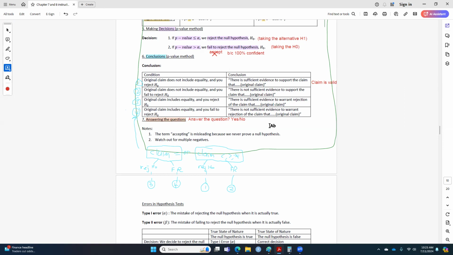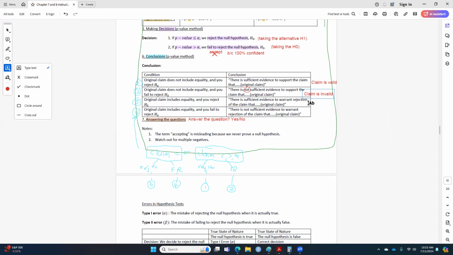When you have a claim that's valid, it usually means yes, because if you read the conclusion here, it is all positive. However, if you do the second conclusion, then the claim is invalid. The reason is that there is the word not over here, so the conclusion is not supporting the claim.